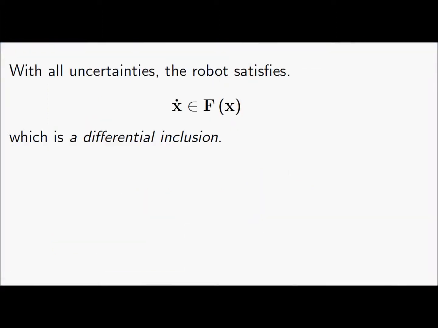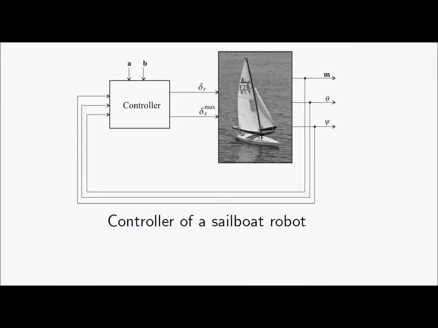I will now propose a controller so that the boat will follow a line. Here I have my robot. The inputs will be the angle of the rudder and the maximum angle of the sail, which corresponds to the length of the main sheet, which has the role of a stop for the sail.